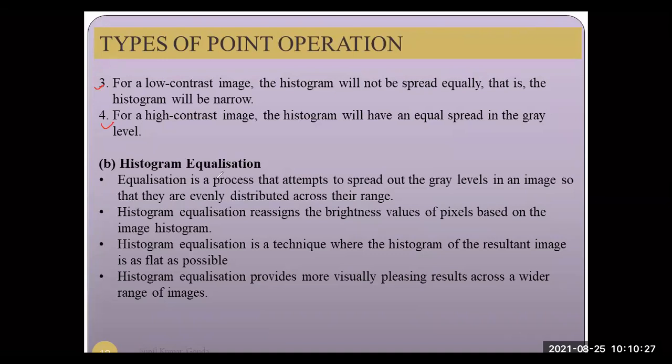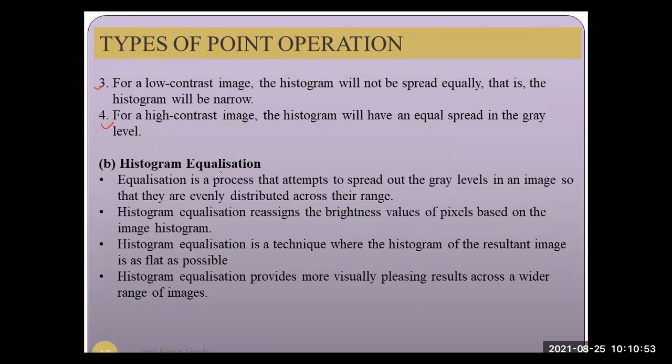Once we are evenly distributing this histogram representation, it will be neither high contrast nor low contrast. That means it will neither cluster at the low level gray, nor at the high level gray. So it will be equally spread.